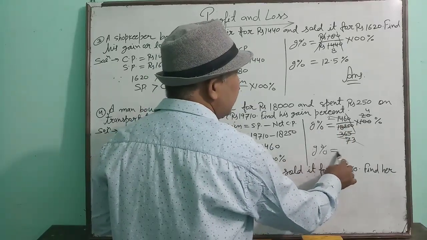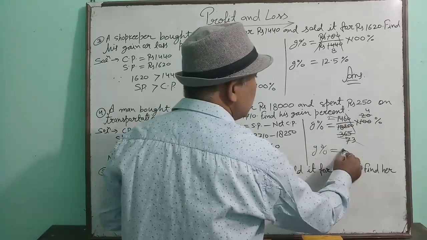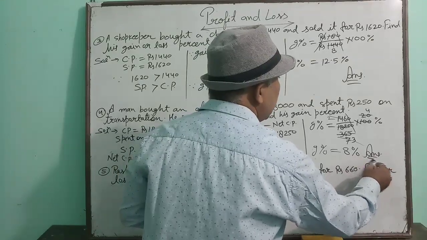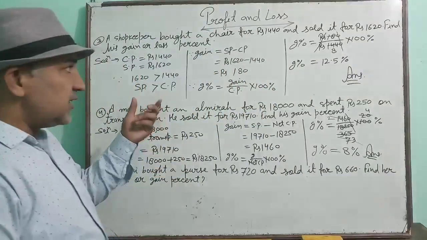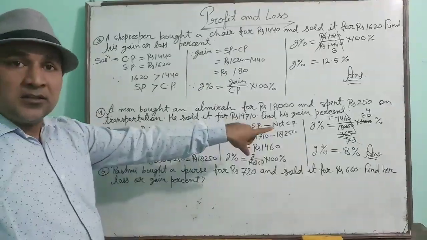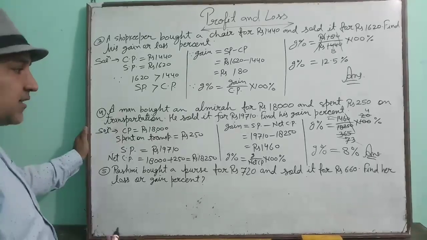So what will be the gain percent? 2 multiplied by 4. So 2 into 4 is 8%. Understood? In these types of questions, you have to be very careful with the calculation. So strengthen your calculation by doing practice.